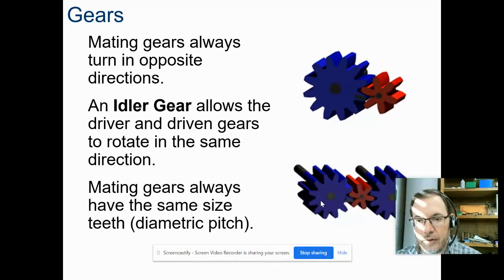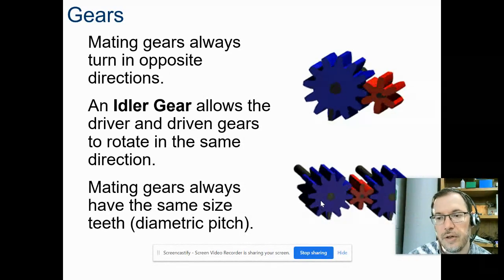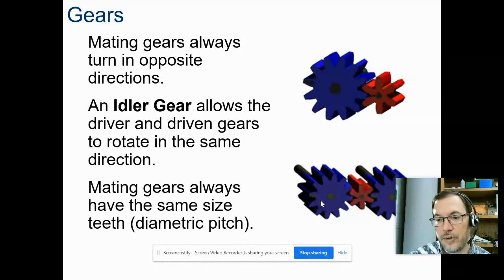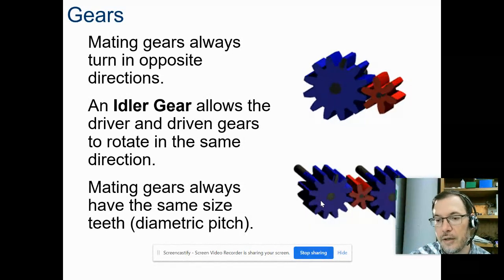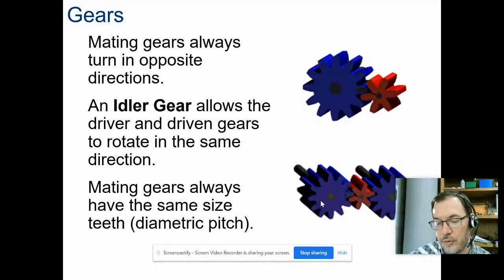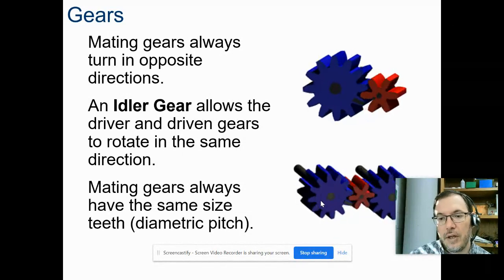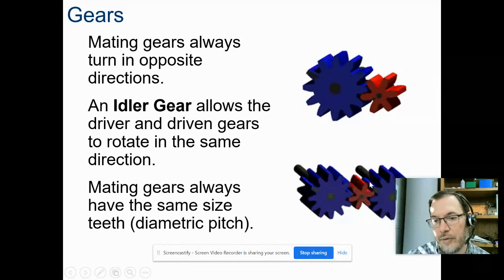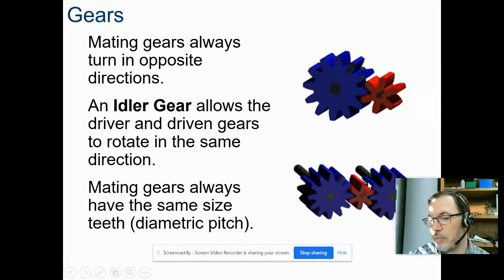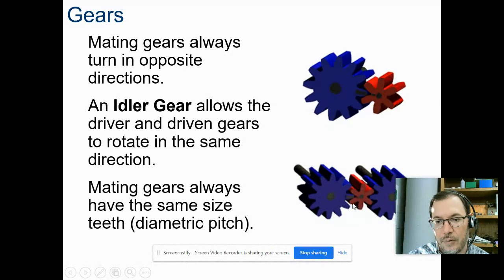Now, we will see later on that a lot of times when you have that situation, what we do instead is use a belt or a chain to transfer force over a distance. But if it's not a great distance, if it's fairly close together, it might be to your advantage to just use gears.